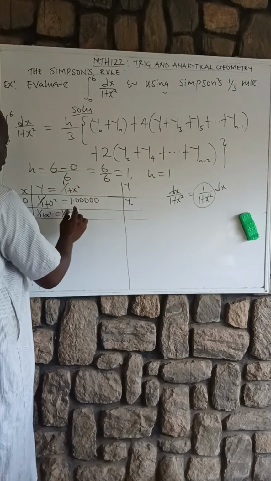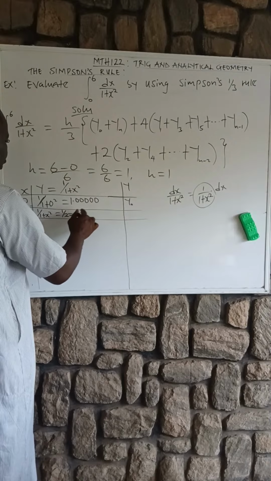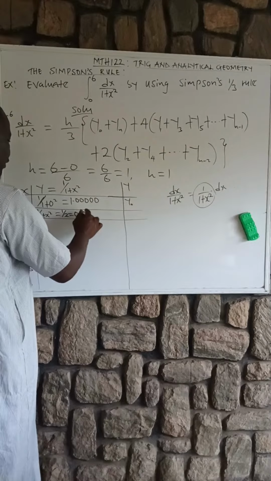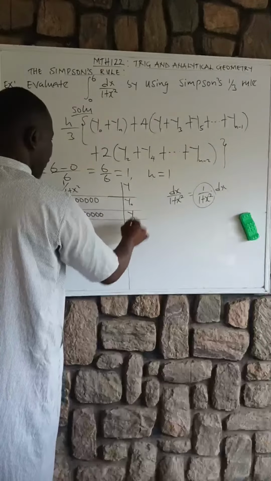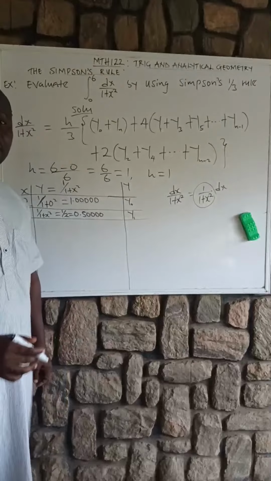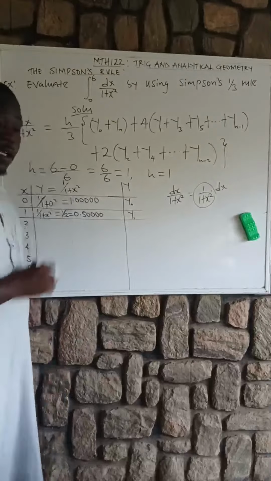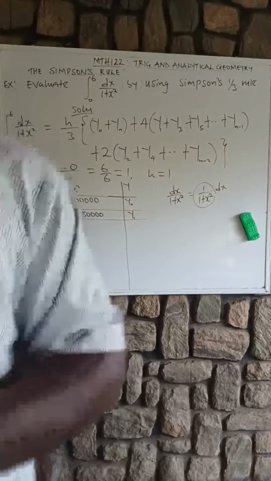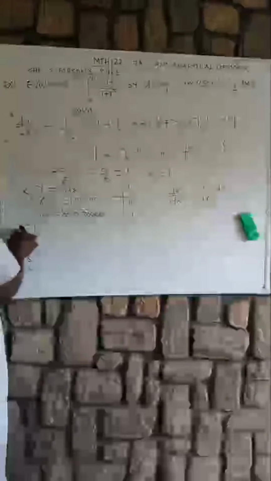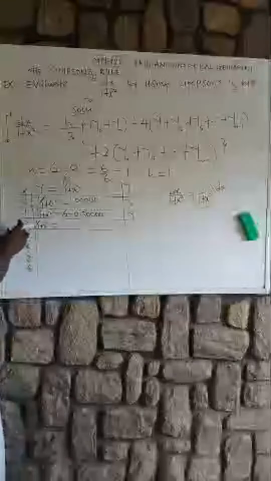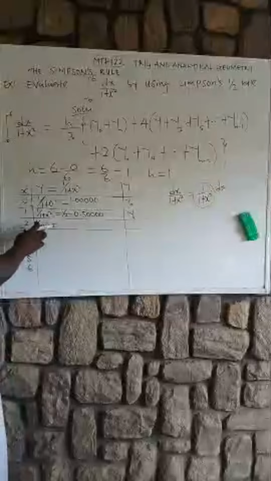So here you are going to have 0.5000, that is y1. If you have any question, let's move to 2. x is squared, right?